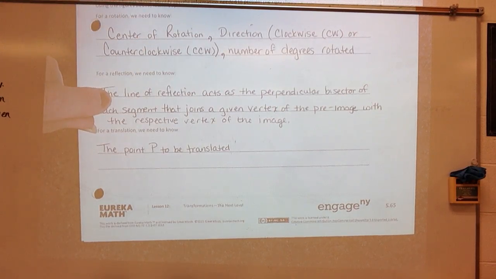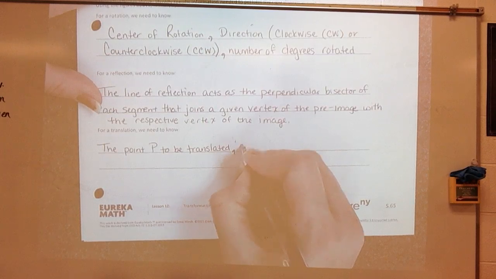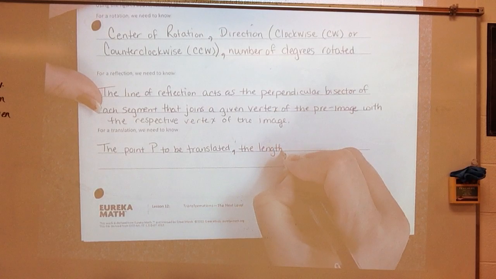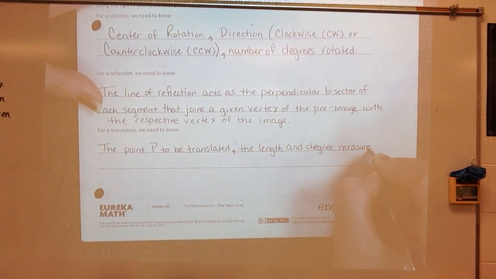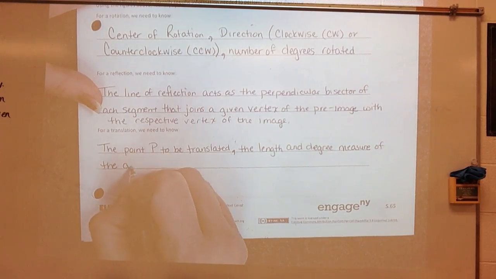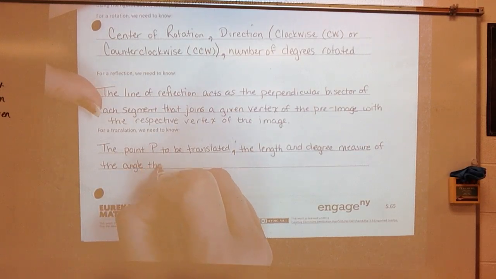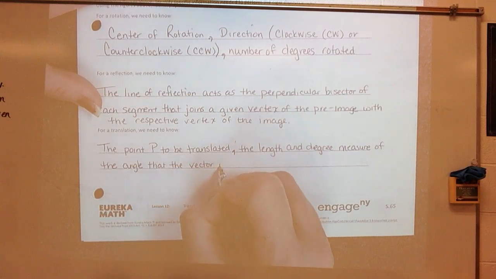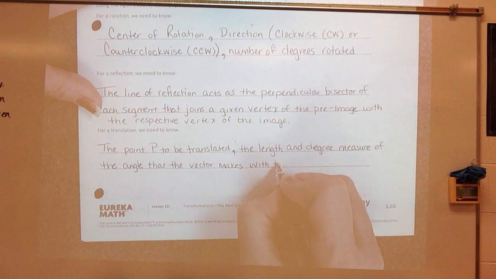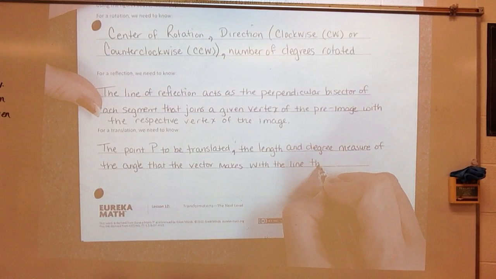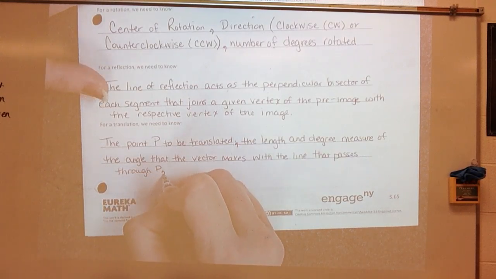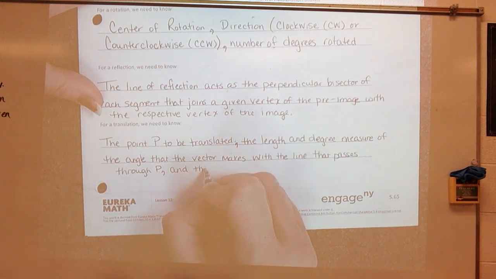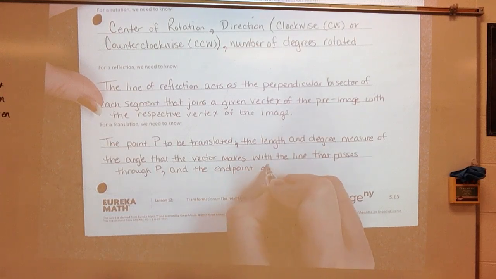We need to know the length and the degree measure of the angle that the vector makes with the line that passes through P. And we need to know the end point of the vector.